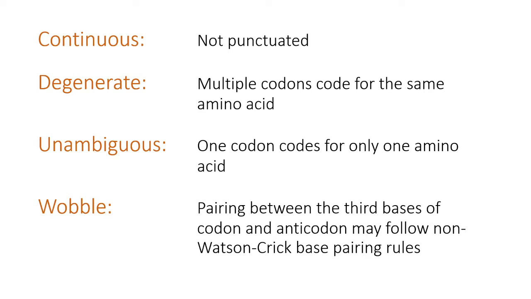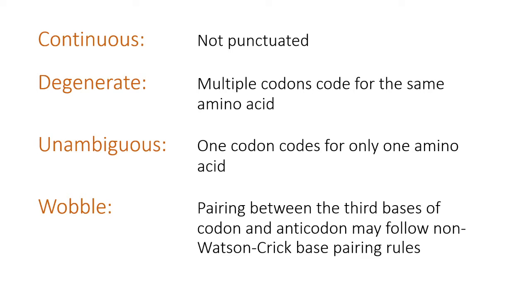For example, I just told you GUU and GUC both code for valine, but this is degenerate, and unambiguous means GUU codes for valine only, not for any other amino acid. So for valine there are many codons, but for one codon there is only one amino acid.